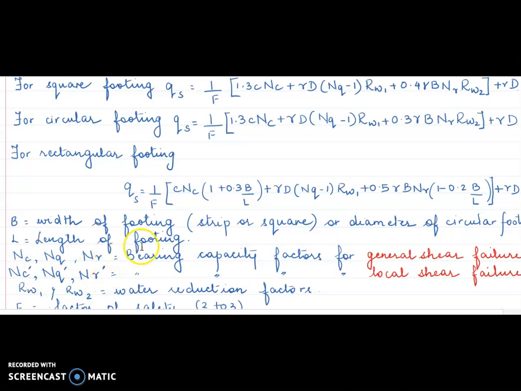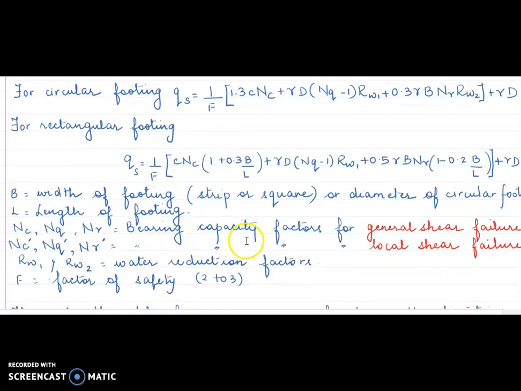All these factors are available in your IS codes. Now, what is general shear failure and what is local shear failure? I have explained in my video which is embedded in the description. Please make sure that you watch this video before you continue further. Pause this video over here, watch the video on modes of failure in case of foundation, and then we will continue.